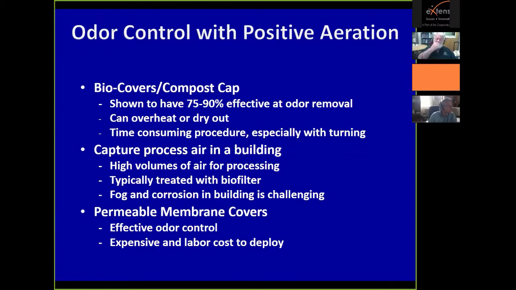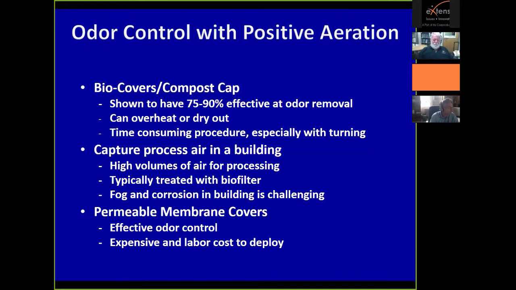You can get fog and corrosion in a building with a positively aerated system. I worked at one in North Carolina where we would get fog problems after October 1st, and by 10 o'clock in the morning, you couldn't see your hand in front of your face inside the building.